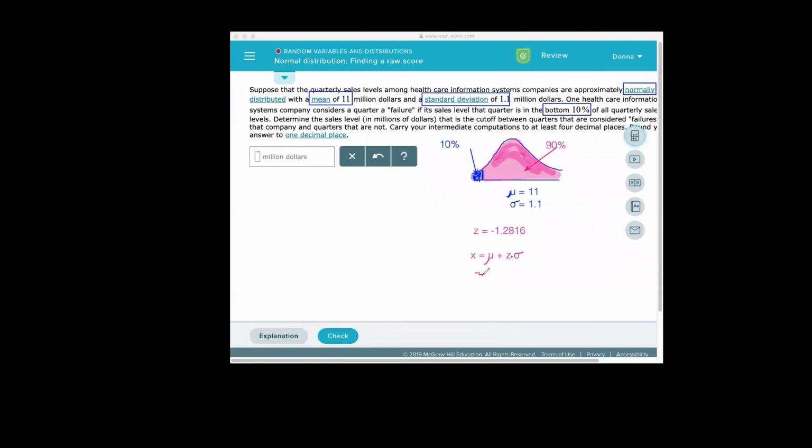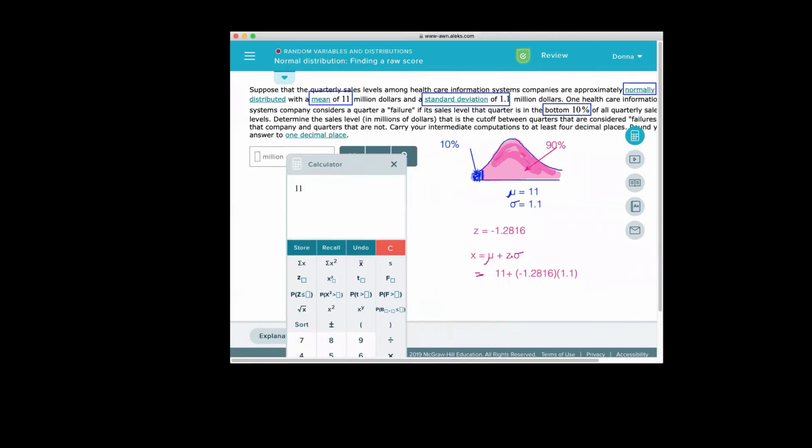So mu is 11 plus z, which is negative this time, minus 1.2816. So I want to use parentheses when I'm putting this in the ALEKS calculator, times 1.1. And it'll know to multiply the 1.1, so I really don't need the parentheses, but I'll just put it there anyway, just to be cleaner.